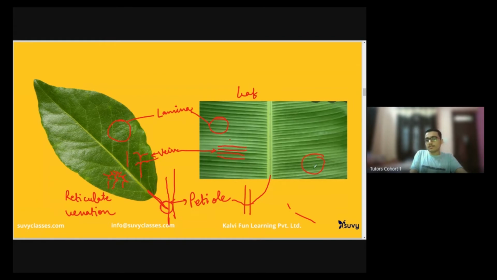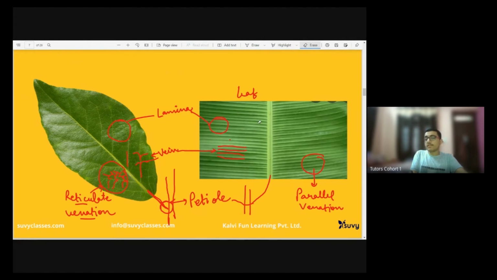This condition is known as parallel venation. Here we have a reticulate pattern, so we call it reticulate venation, whereas in this leaf we have a parallel pattern, so we call it parallel venation. That's a major point of difference in varieties of leaves.